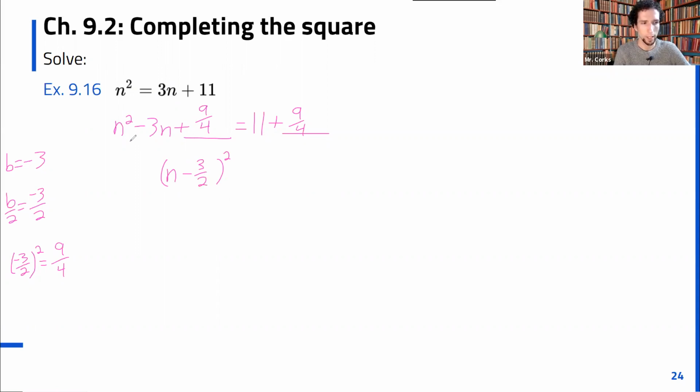So don't forget the negative because it's a negative here for the b value. So b/2 gave us a negative value. So n minus 3/2 squared. So we don't want to get confused with fractions. Just take this thing squared, 9/4. Okay, that matches there. And also this thing times 2, 3/2 times 2 is just 3, -3. So it works out there as well.